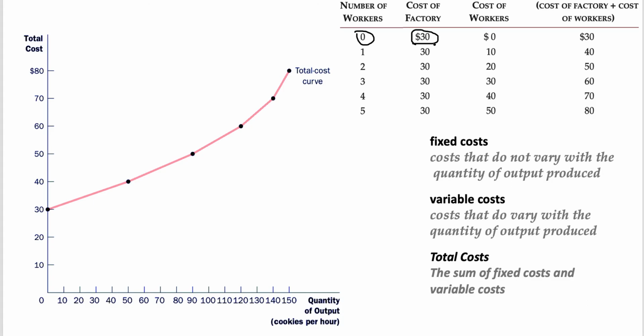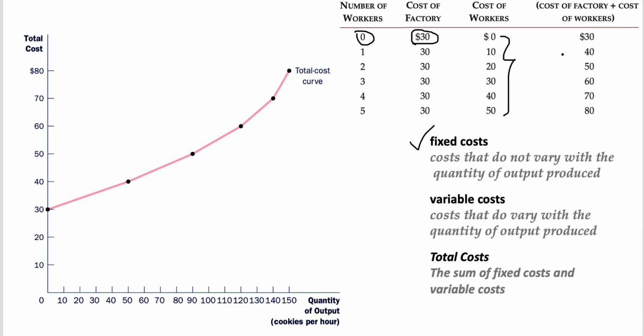This 30 will be the fixed cost, which will not change. And this is the cost which varies as the number of workers increases. We can say the salary of the workers. This will increase at a constant rate, because we have to pay $10 for each labor.